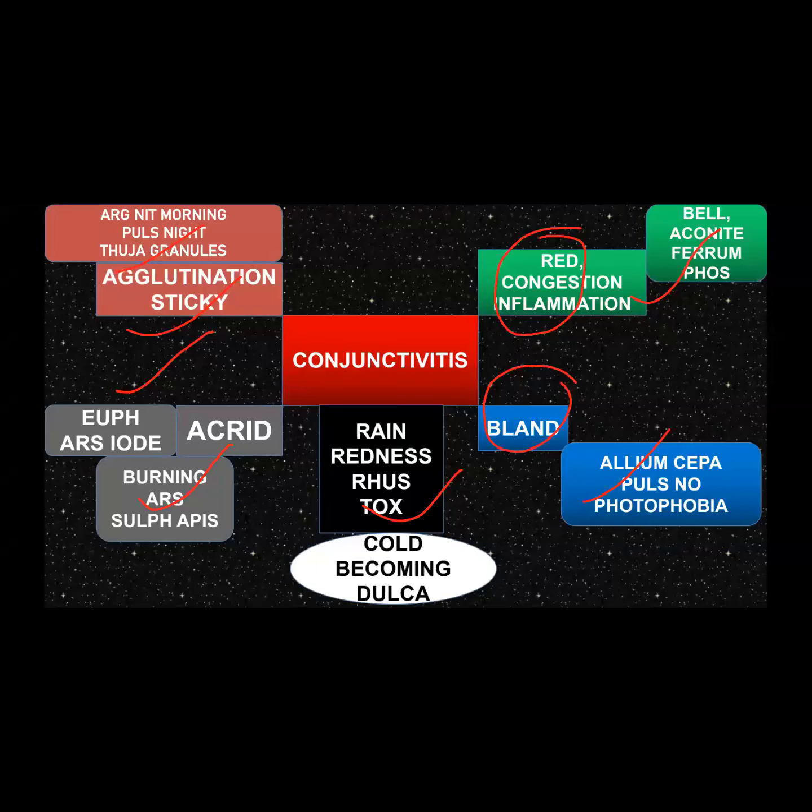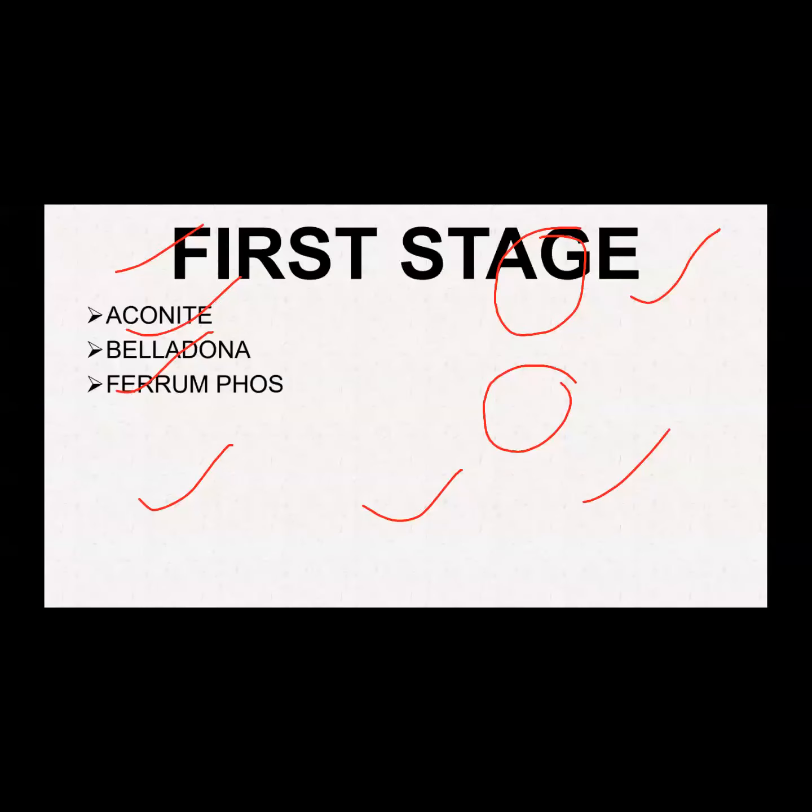Like the disease has started in only 12 hours. Then initially that is known as the first stage. And in the first stage, we are going to use these three medicines, any of the three, based on the symptoms of the conjunctivitis.